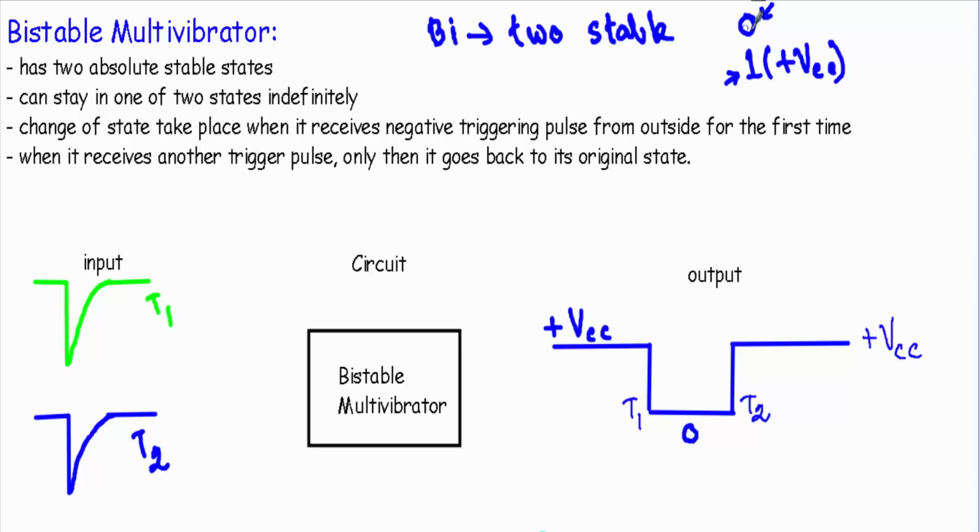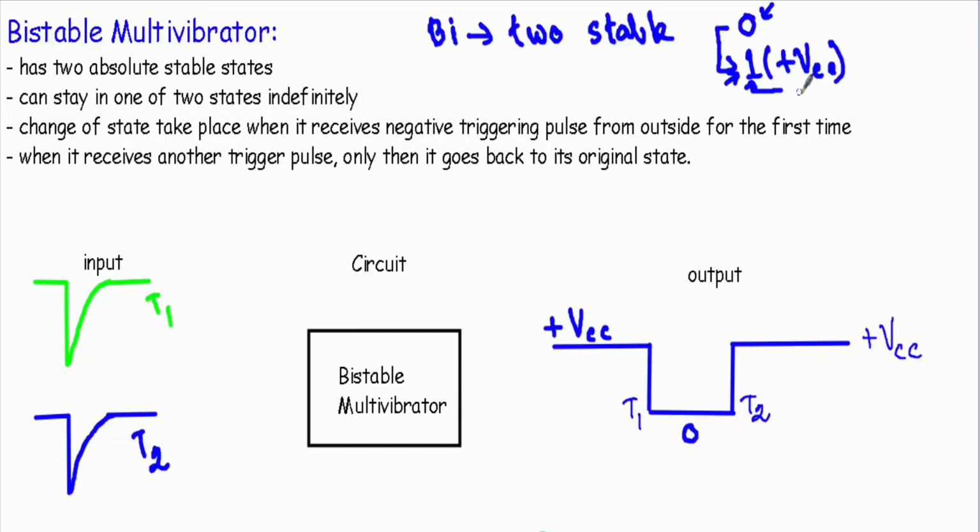Let's say at any instant the output is at logic 0. If I don't apply any external triggering pulse, it will stay at that level for indefinite time. If I apply a single pulse, the output will have a transition from 0 to 1 level, and if I don't apply any additional triggering pulse, the output voltage will now stay at level 1 for indefinite time.